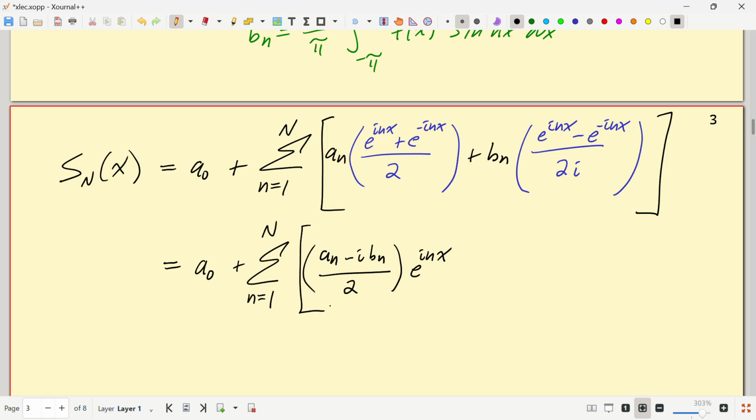And then I'll get some minus terms, which will be something times e to the minus i nx.